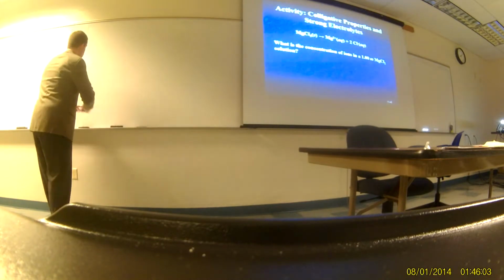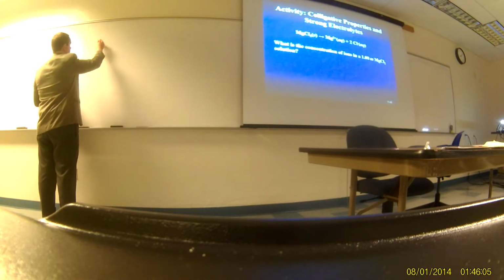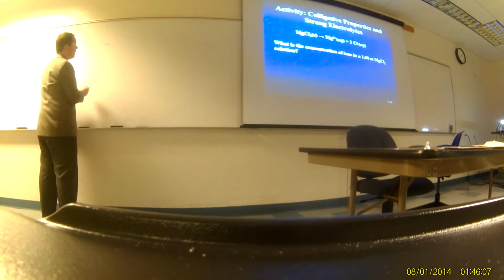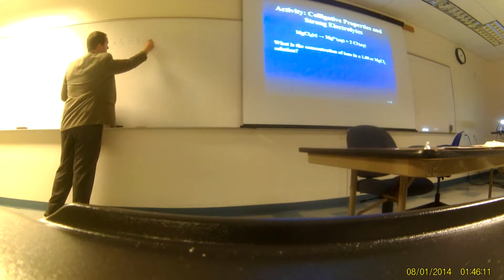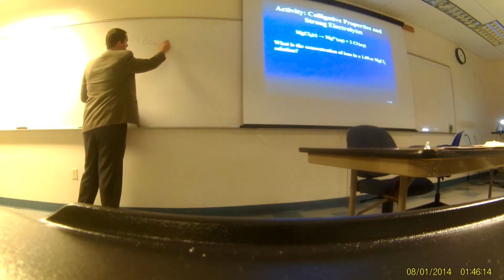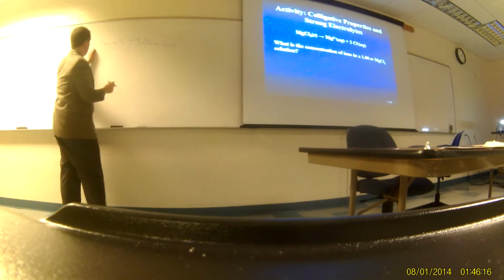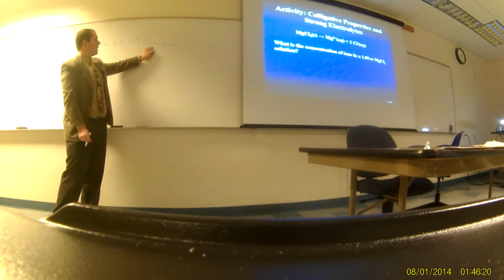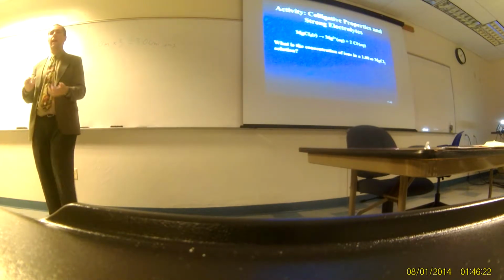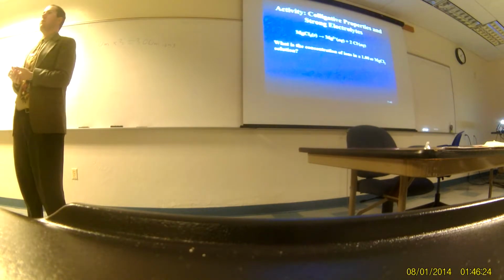So all I have to do is take my 1.00 molal solution, multiply it by 3. My starting concentration times 3 particles means I have a 3.00 molal solution of ions.